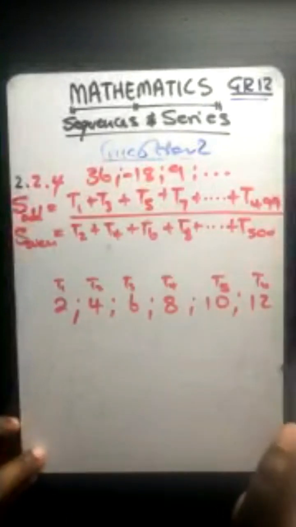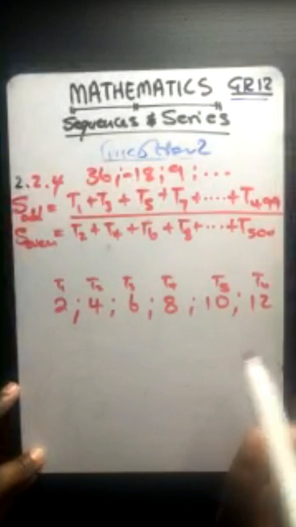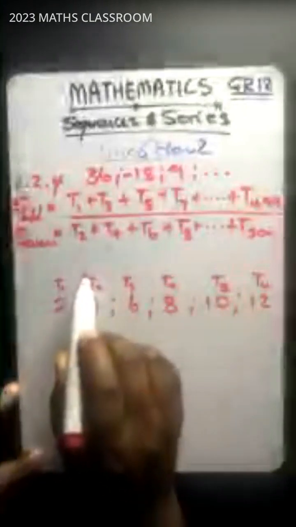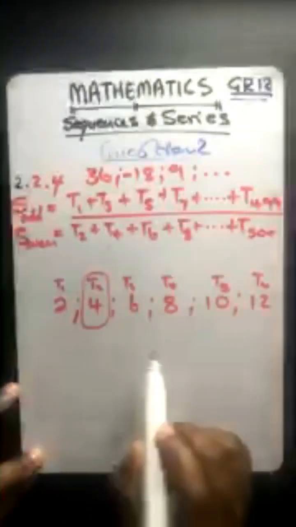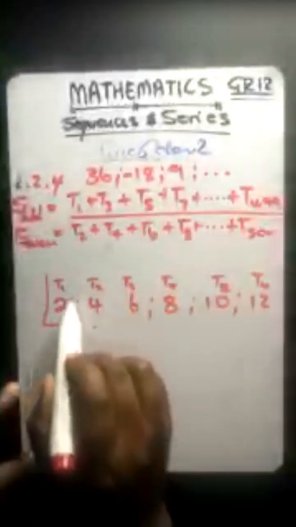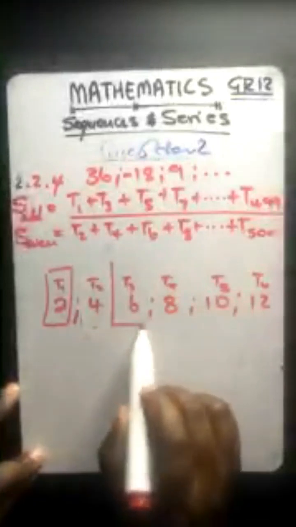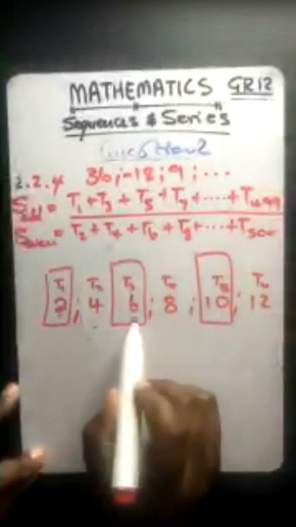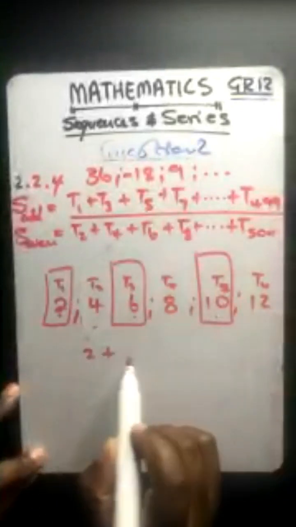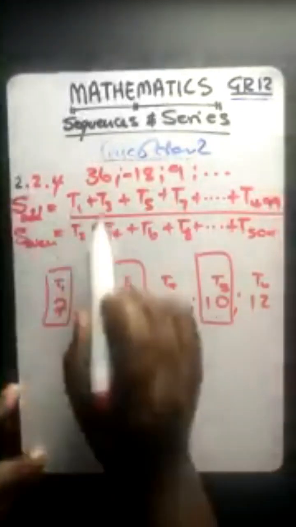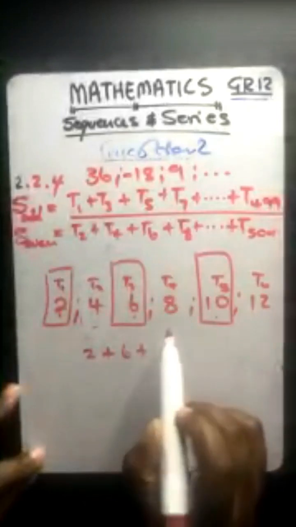So that means they want you to take the odd numbers, which is going to be term number 1, term number 3, term number 5. You must add them, not this term, because this is even. What is this plus that plus that? So that is 2 plus, can you see I'm already substituting. Term number 1 is 2, term number 3 is 6, term number 5 is 10.